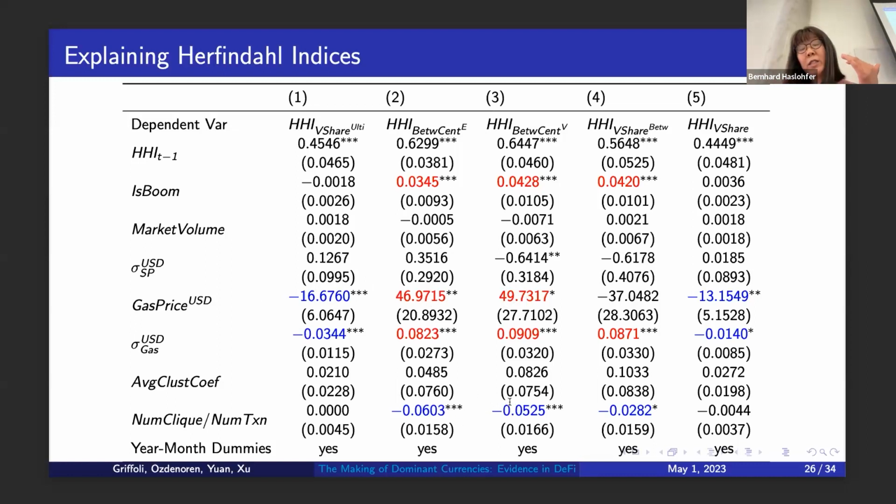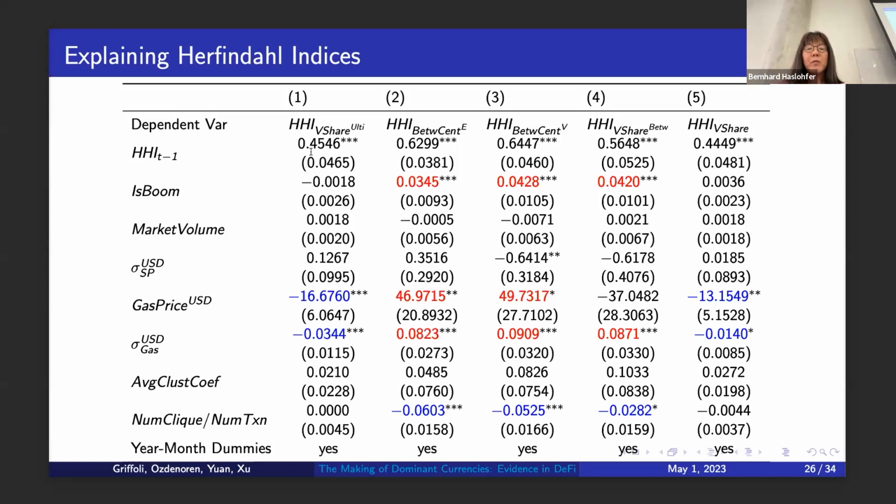When the world is more segmented. So we look at the number of cliques in the network. When there's a higher degree of segmentation in the network, you see lower concentration. Again, this may say when the world becomes more integrated, you see actually more concentration in dominant currency.